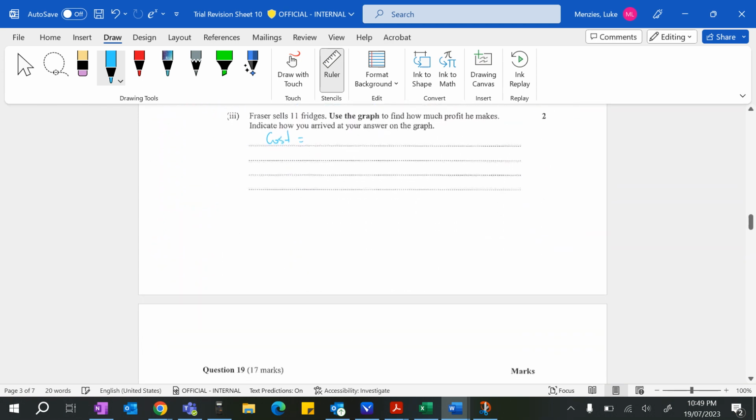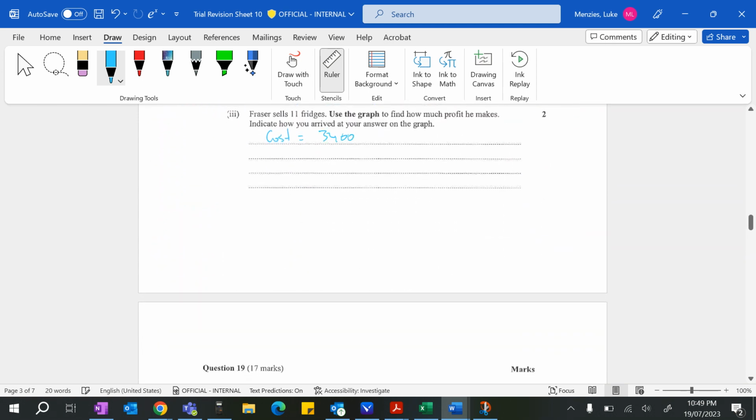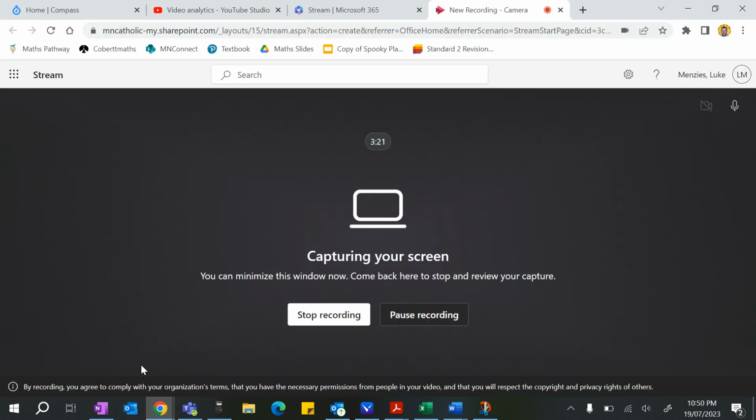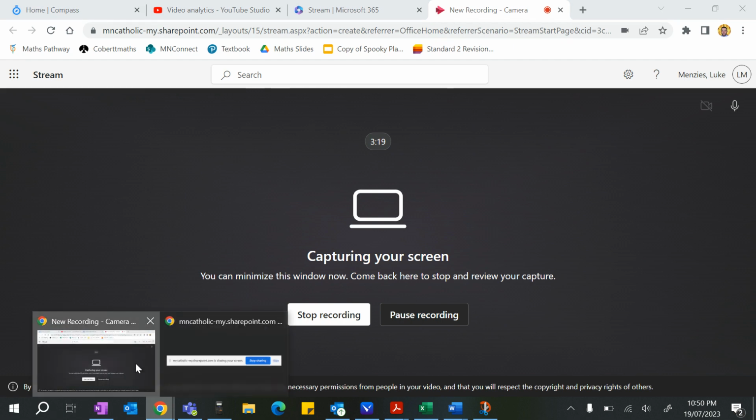Cost equals 3,400. Profit, or income, I should say income, equals 4,400. Profit, 4,400 minus 3,400. Nice.